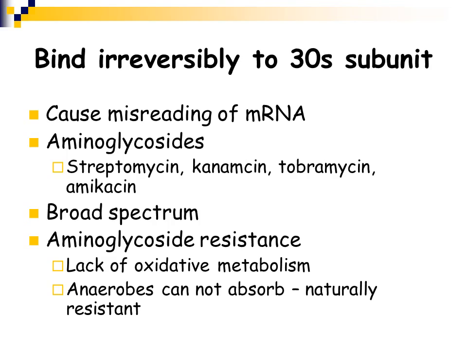So those that block protein synthesis are the aminoglycosides such as streptomycin, kanamycin, amikacin. These are broad spectrum agents. They can be resistant to aminoglycosides, and anaerobes cannot absorb these types of agents. They're naturally resistant.